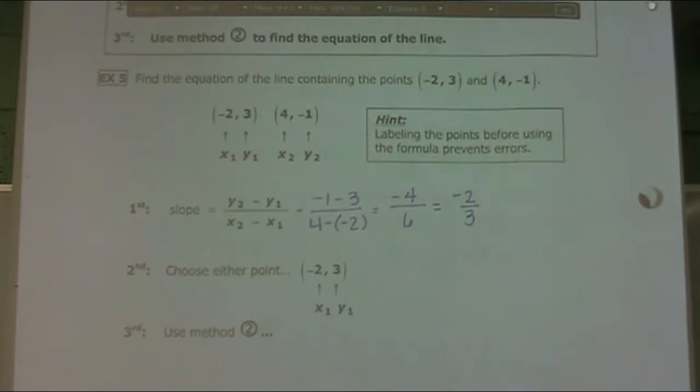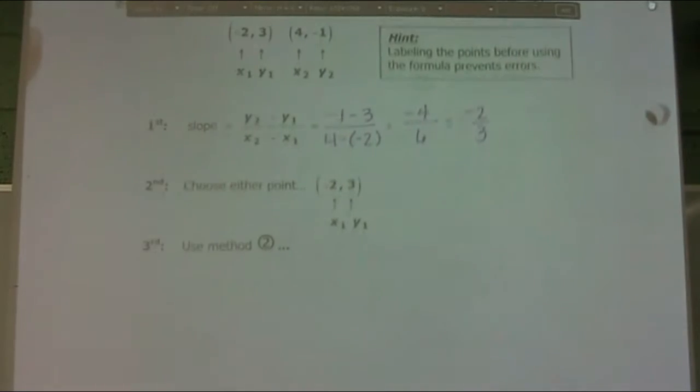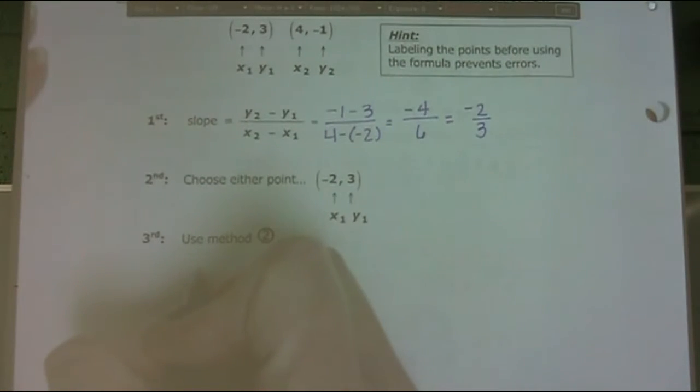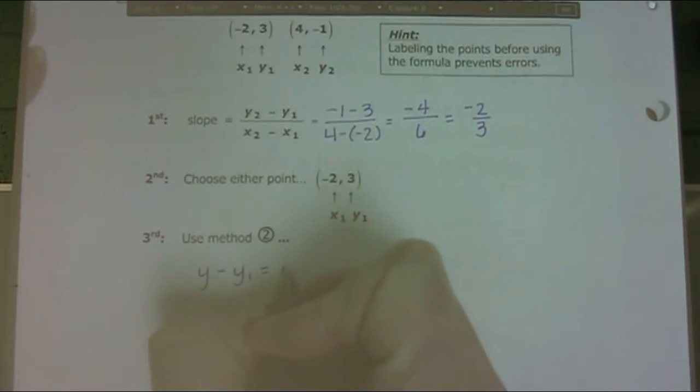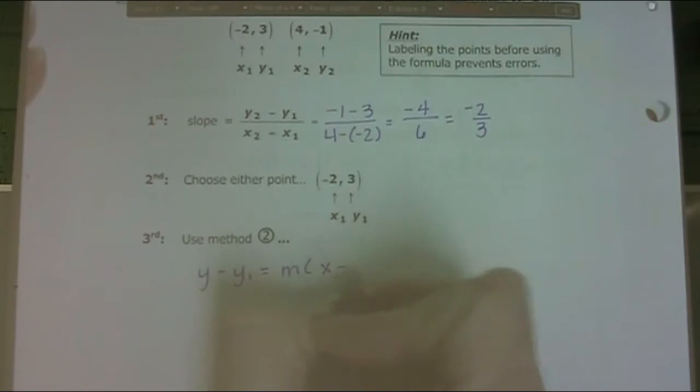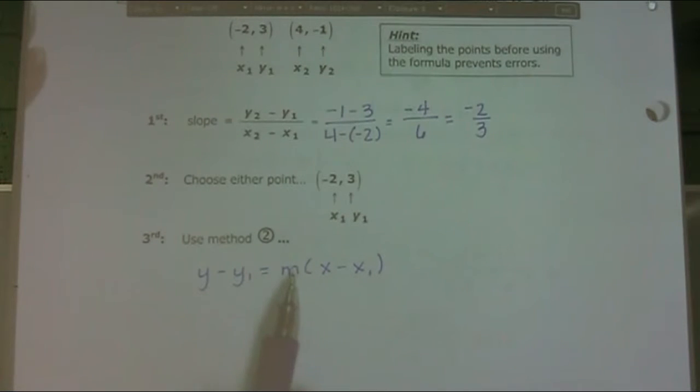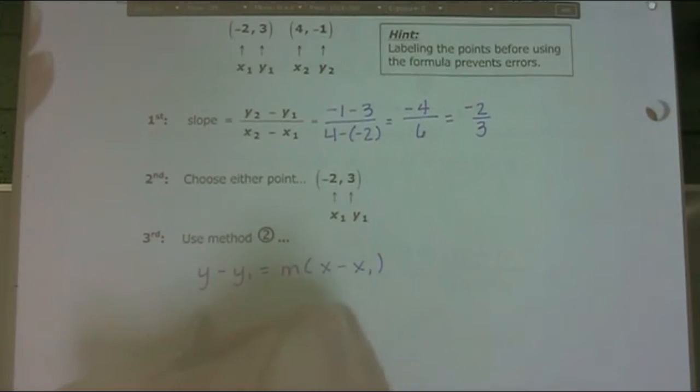So my next step is to use the process that we learned yesterday, which is to start with the point slope formula. Y minus y1 equals m times x minus x1. And I'm going to plug in y1, m, and x1. So y minus y1 is going to be y minus 3.